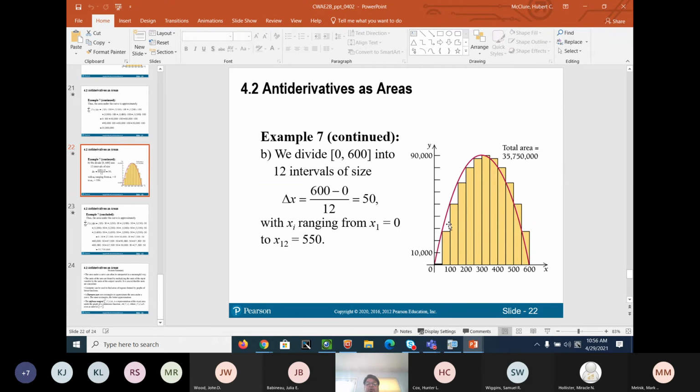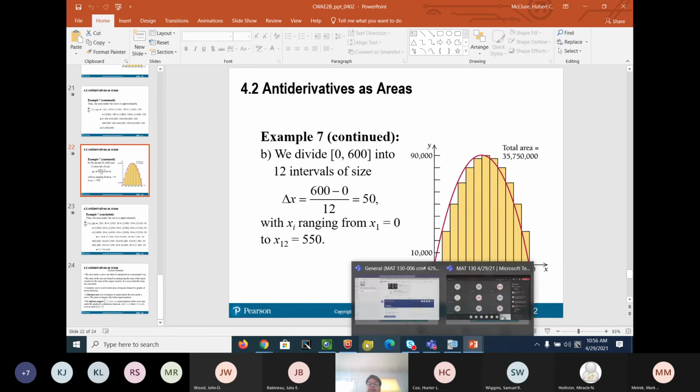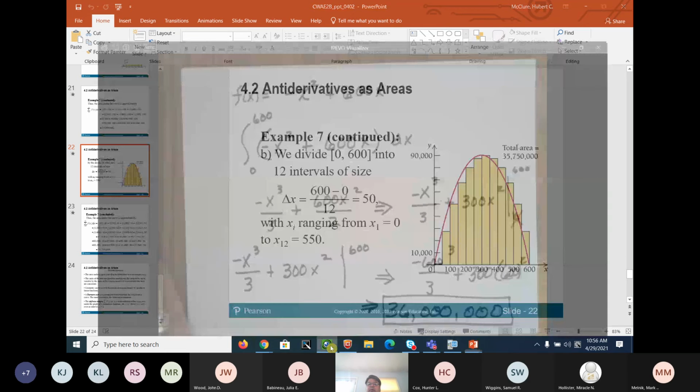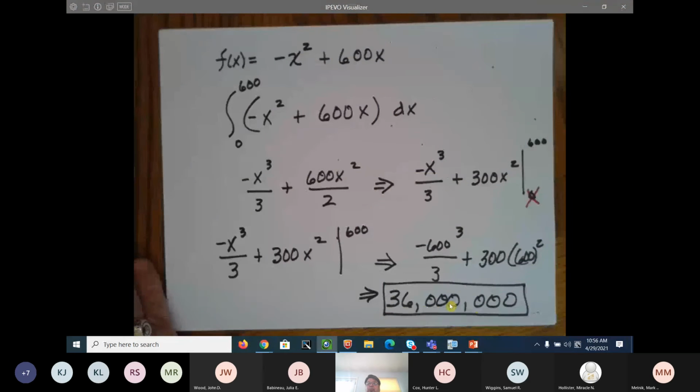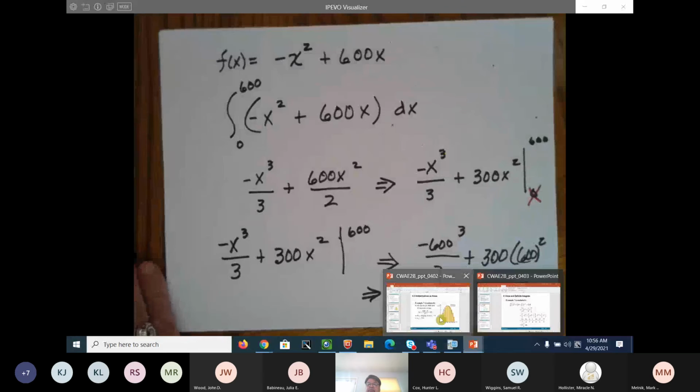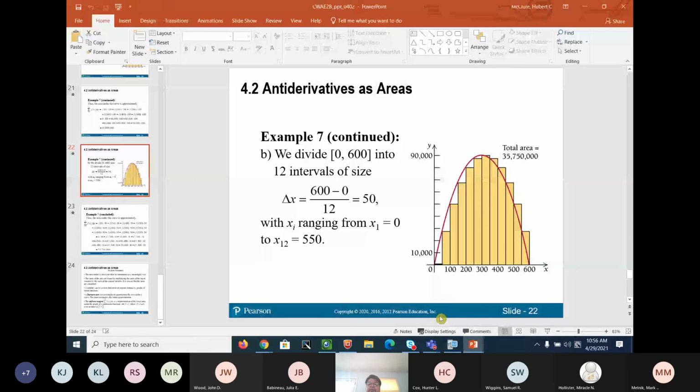So that's why this one is going to be less accurate. So theirs is 35,750. Ours comes out to be 36 million. The hairline is a whole lot more accurate than the box that is what? 25 or 100 feet or 50 foot wide or whatever. The hairline is a whole lot more accurate.